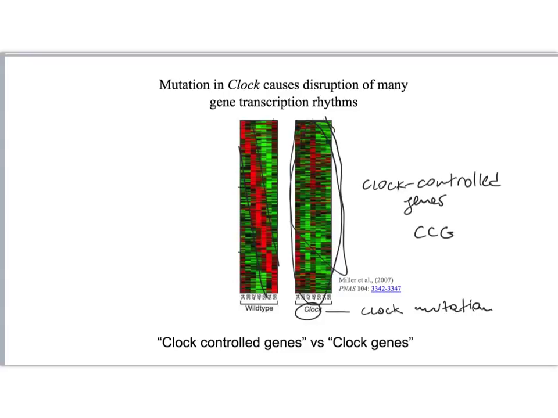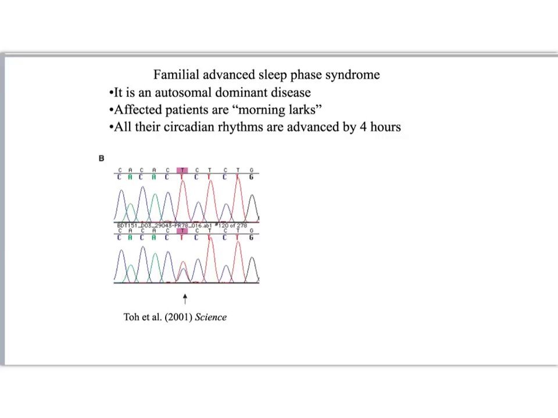Okay, then we also went through the molecular basis of familial advanced sleep phase syndrome, and we said that it was a single point mutation that led to a change in an amino acid, which is the amino acid phosphorylated by casein kinase 1 epsilon, which was the protein coded by the tau gene.